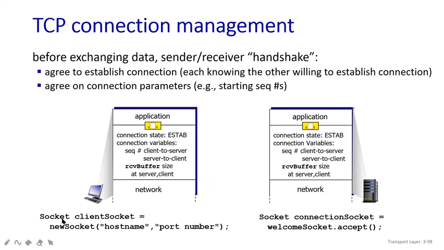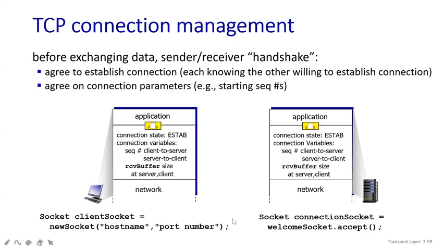You need to write Socket clientSocket equal to new Socket. You are going to create the new socket. You need to pass your host name and your port number. Without passing your host name or the port number, the receiver end cannot connect to the sender, because every time you need to pass the address. What is the next side? How is it going to happen? In this side, the connection socket, you are going to connect.